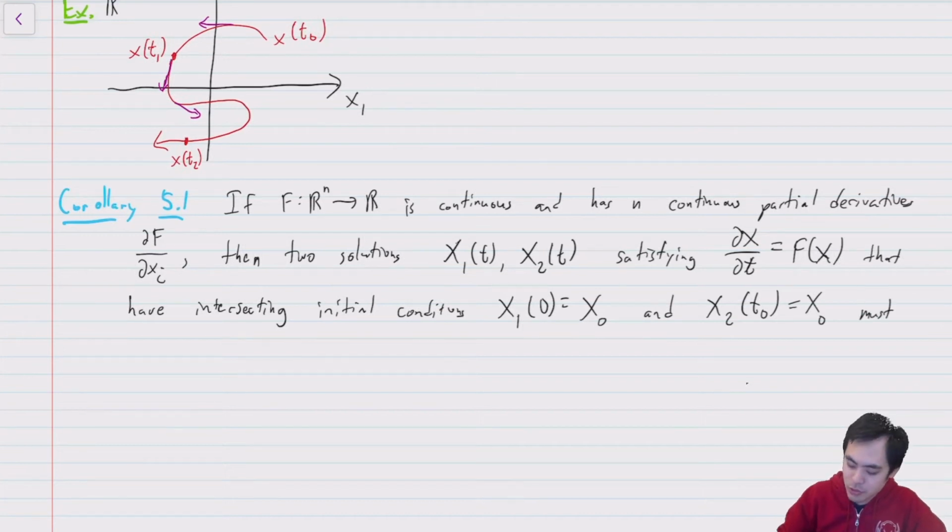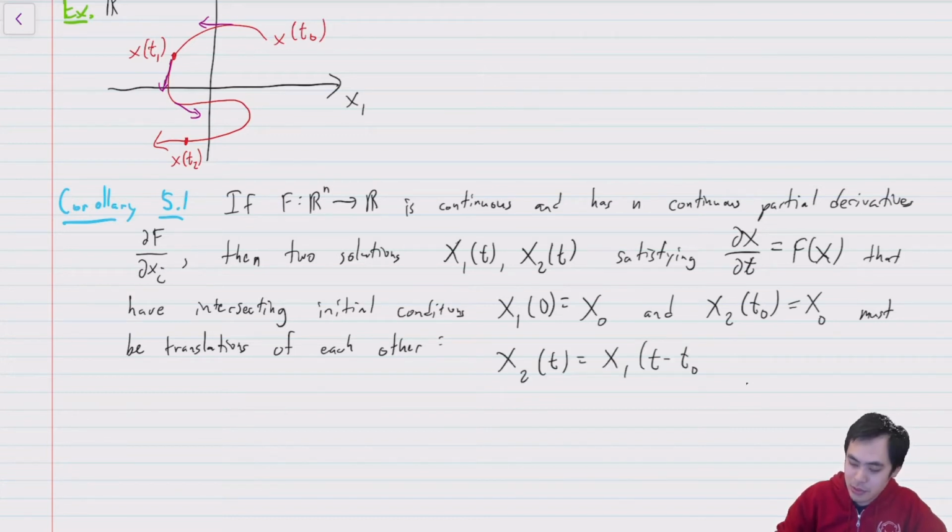So x1 and x2 must be translations of each other. More precisely, x2 of t is equal to x1 of t minus t naught.